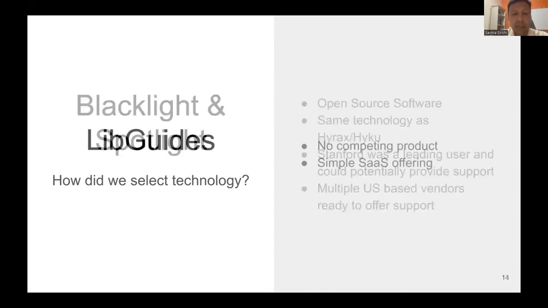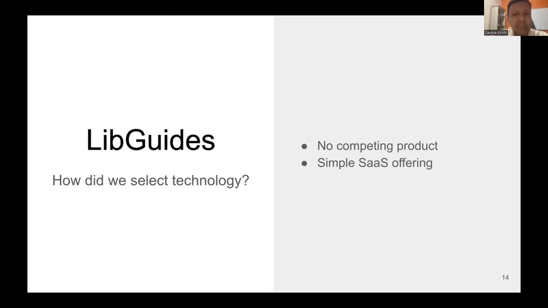Then LibGuides. This is the content curation product. This was a recommendation from Stanford. This is a US company, and there was no clear competitor available, no open source option available in this space. And LibGuides is a simple SaaS offering. SaaS is very good because once your software is active, there's no installation, no servers to manage.